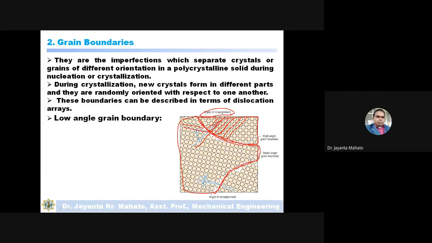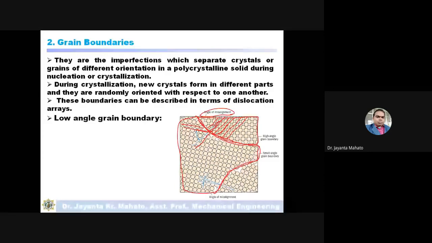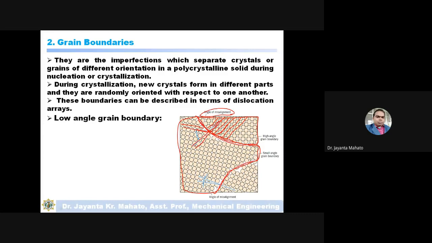Okay, and so the angle between this orientation is the misorientation from this grain to this grain. This is nothing but the misorientation of the arrangement of atoms within this grain with respect to this grain.